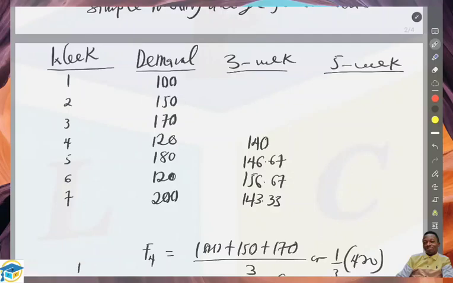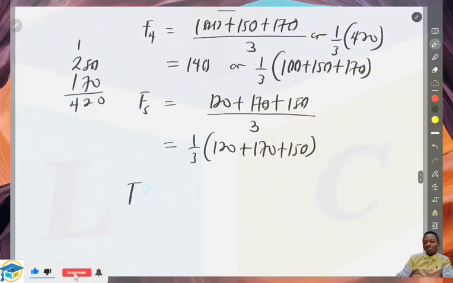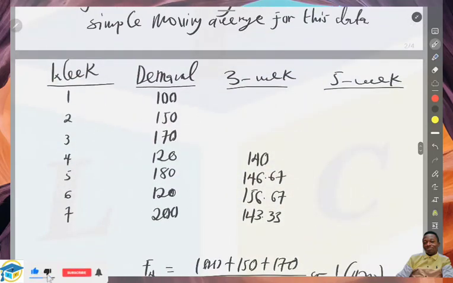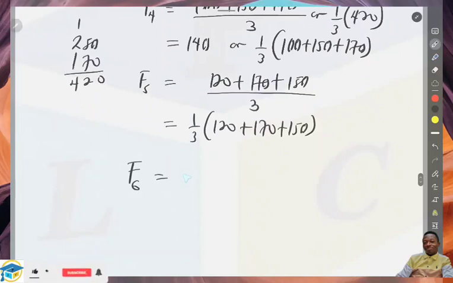So here, when you forecast, okay, let's go for week 6. For week 6, you're going to have week 1 to week 5 information added together and then divided by 5. So that's going to be 1/5 as the weight.